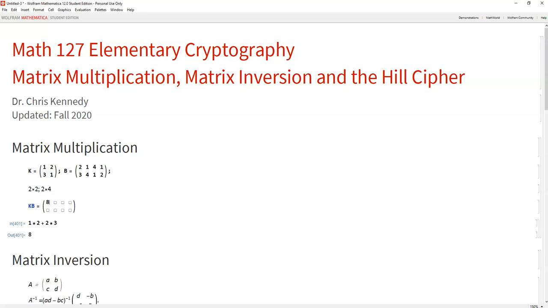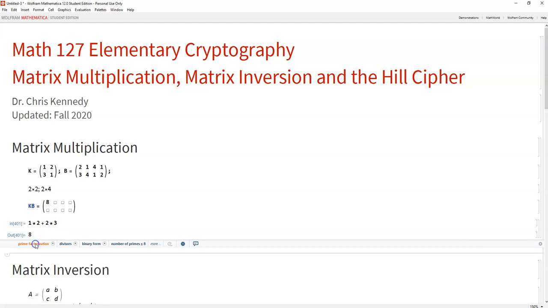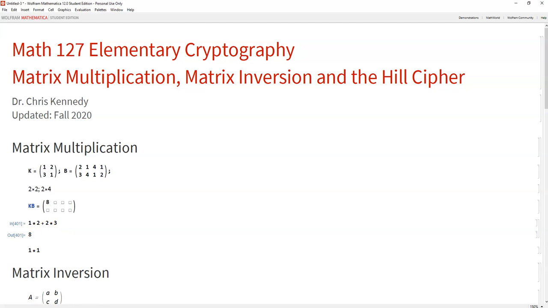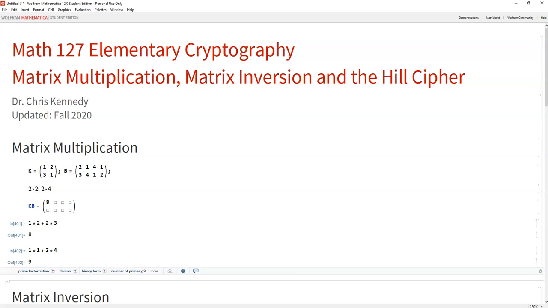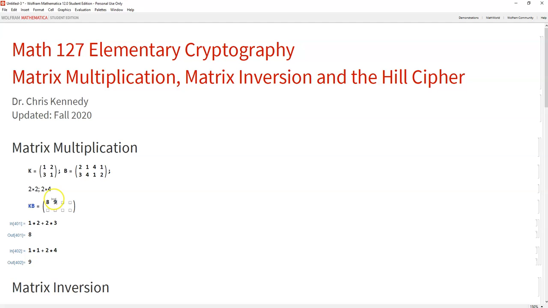Now I'm going to move across the rows. I could go down the column if I so desired, it's personal choice. To get this entry, I'm going to use the first row again and now the second column. So I will get 1 times 1 plus 2 times 4, and that gets me 9. Then lather, rinse, and repeat.